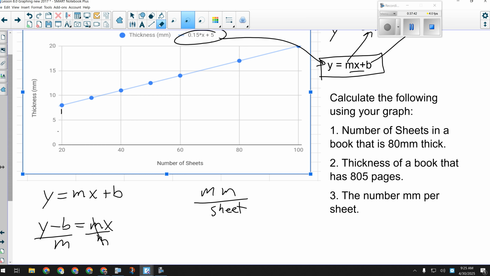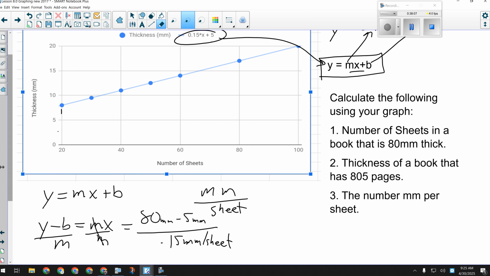Okay, so I have Y, it's 80 millimeters. I have B, it's 5 millimeters. And I have M, it's 0.15 millimeters per sheet. Now I can plug those numbers in and solve for X. 80 millimeters minus 5 millimeters, divided by 0.15 millimeters per sheet.